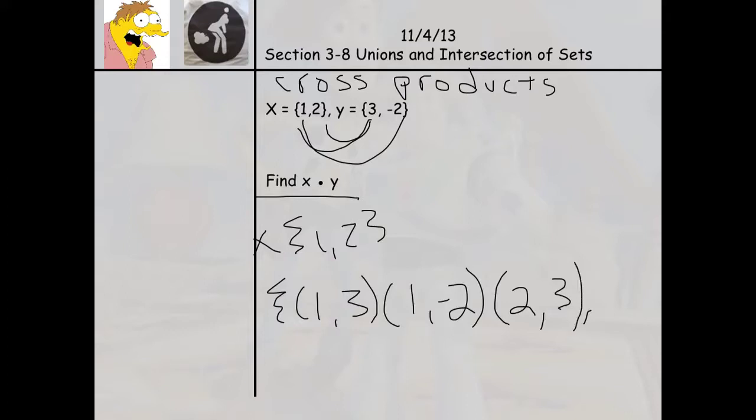So let me make that an ordered pair, and the 2 is also going to get matched up with -2. So as far as cross products go, and you can close the set, if you had to multiply the set of x times y, you would get this. Not too difficult. Just be aware, not even any problems in the book, but I wanted to make sure you understood.